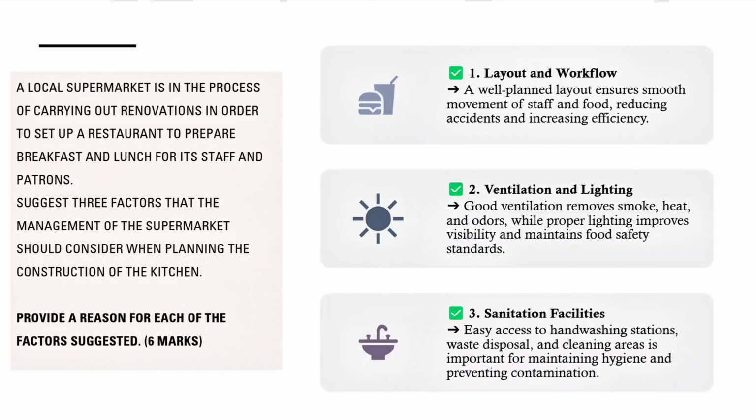Now, next part, a local supermarket is in the process of carrying out renovations in order to set up a restaurant to prepare breakfast and lunch for its staff and patrons. Suggest 3 factors that the management of the supermarket should consider when planning the construction of the kitchen.